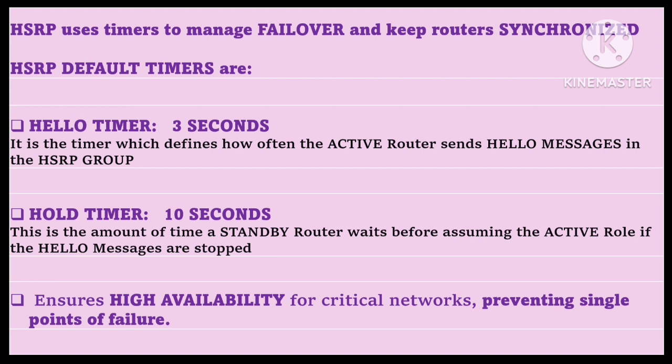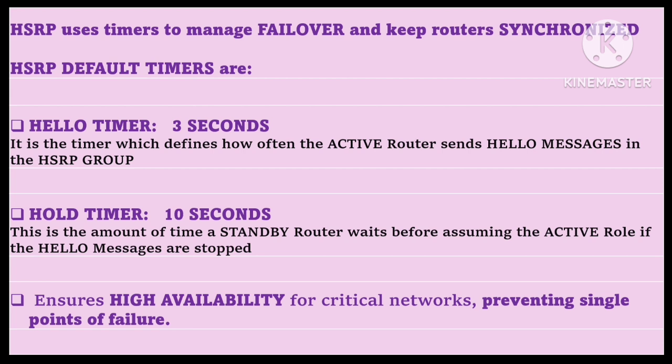And again, HSRP uses timers. As I said, in the election process there should be timers to maintain the stability of the network, and these timers will also manage failover and keep the routers inside the group synchronized. You have two HSRP default timers: the hello timer and the hold timer.